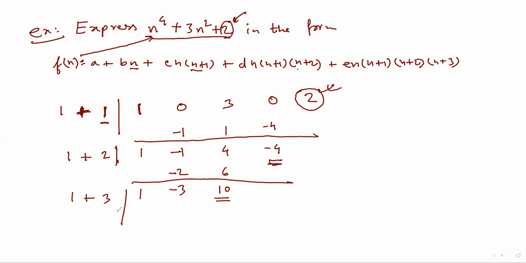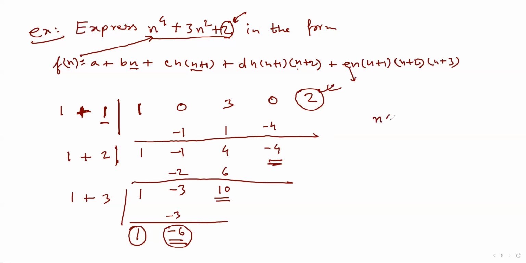This is the last division. So 1 comes down directly, multiply by minus 3 to get minus 3 here. We have minus 6 here and stop. So basically, the last quotient is actually the quotient when we divided by all the divisors, n, n plus 1, n plus 2, n plus 3. So this 1 is actually E.